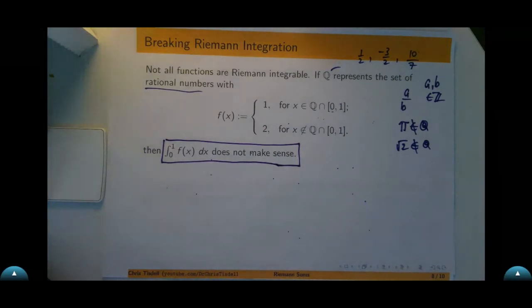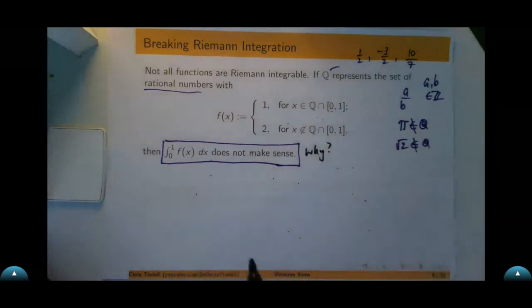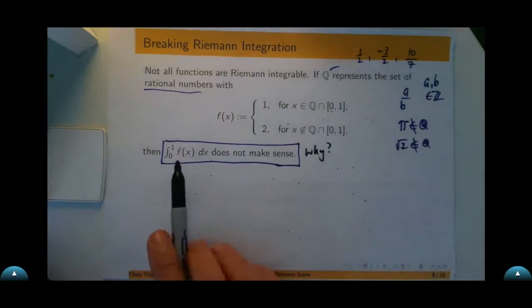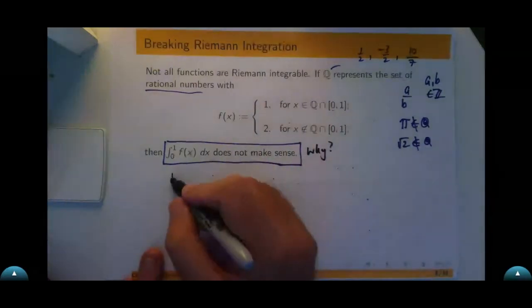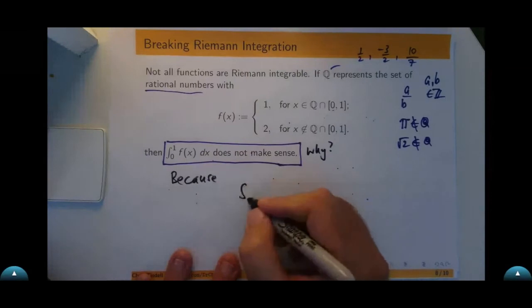And why doesn't it make sense? Well, it's because the lower Riemann sum and the upper Riemann sum limits are not equal.